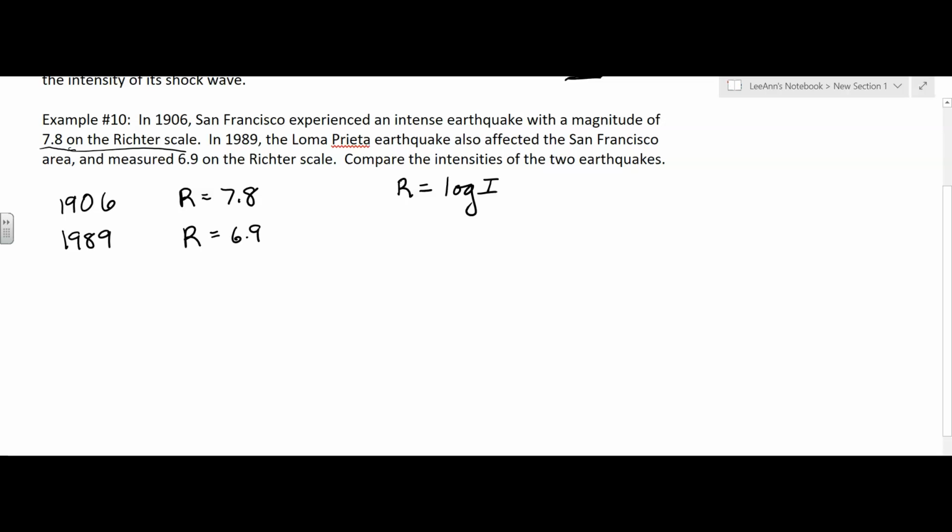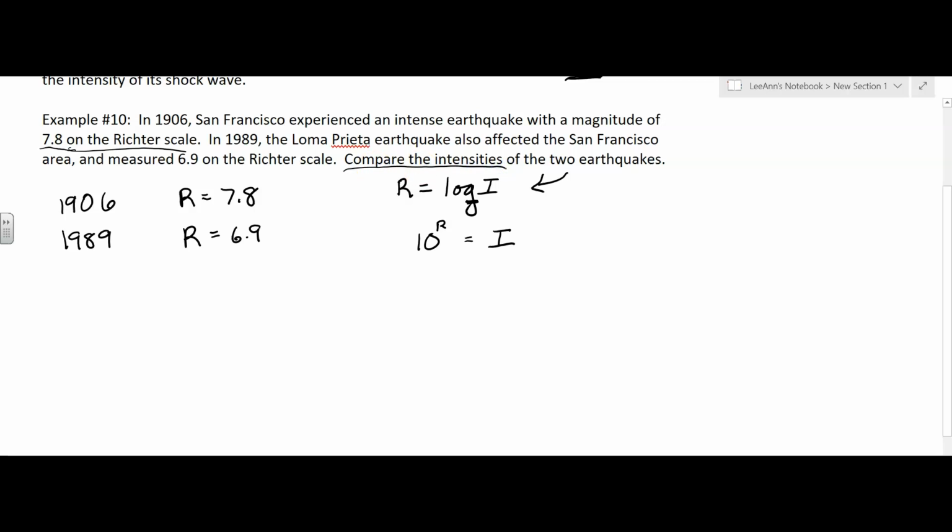But remember that this is a common log, so we can convert it to exponential notation. So we can say 10, that's the base here because it's a common log, to the R is equal to I. Now they want us to compare the intensities.